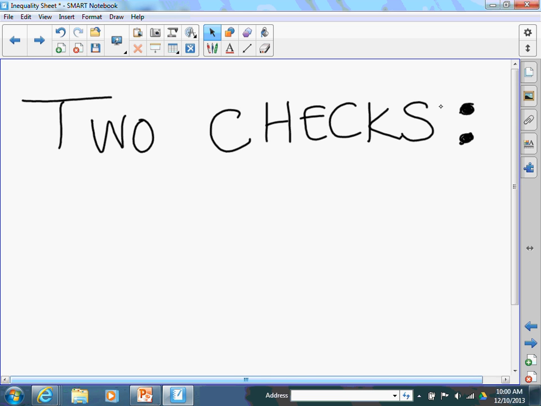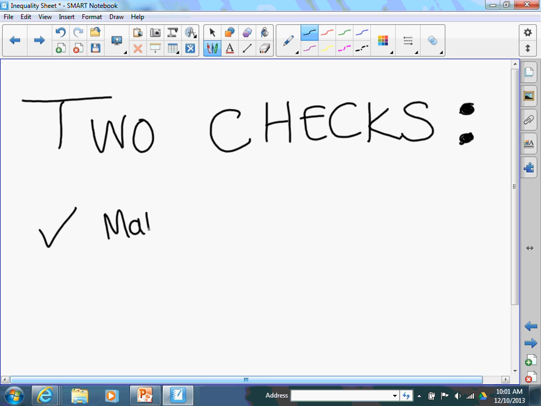There's 2 things you've got to do before you can take off and start solving. If you will do these 2 checks before you take off and start solving, you will get them correct. You ready? Here's your first one. The first check.